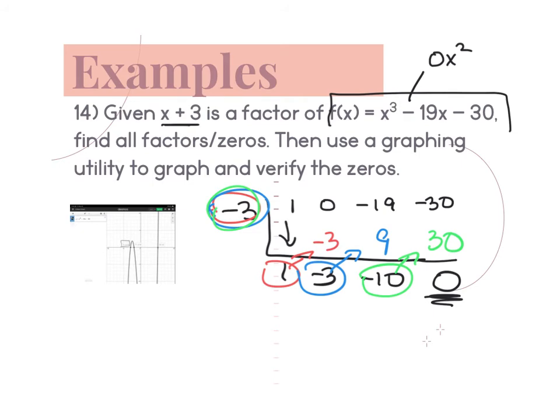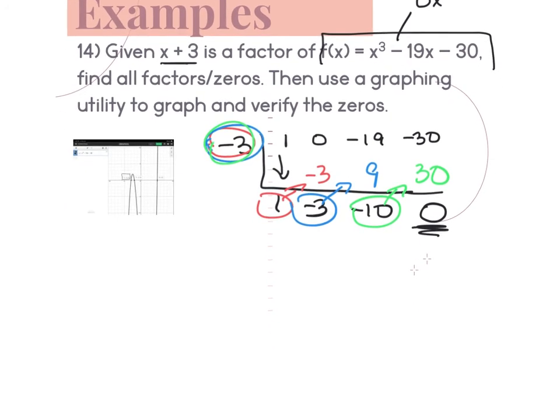Now I'm going to put back my variables. Remainder, constant, x squared. So this becomes x squared minus 3x minus 10 equals 0. I now have a quadratic function that I can either factor, if it's factorable, sometimes it won't be, use the even root or the square root method, completing the square, or quadratic formula.